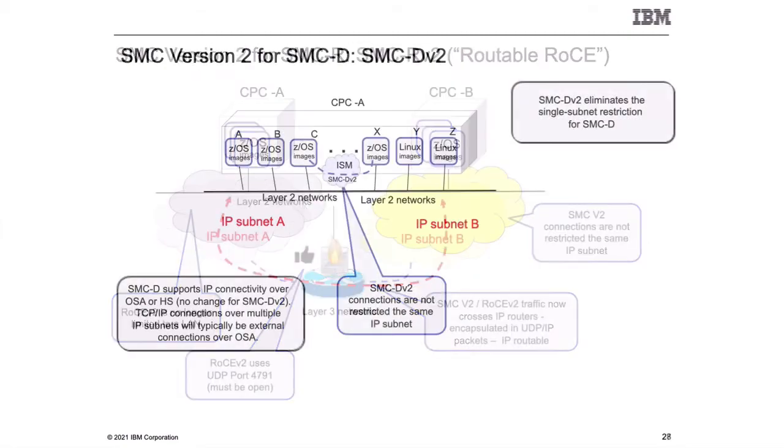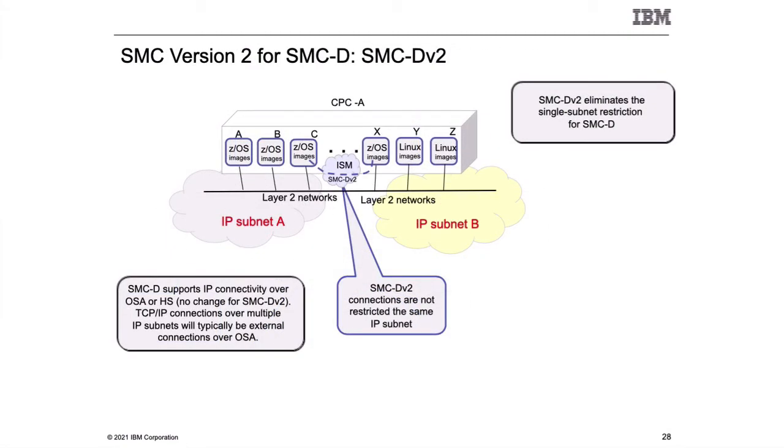Likewise, for SMC-D, you are no longer limited to communicating with peers residing on the same CPC only if the peers belong in the same subnet. There is no router needed between the peers, but the two APARs will be able to directly use memory-to-memory communication.